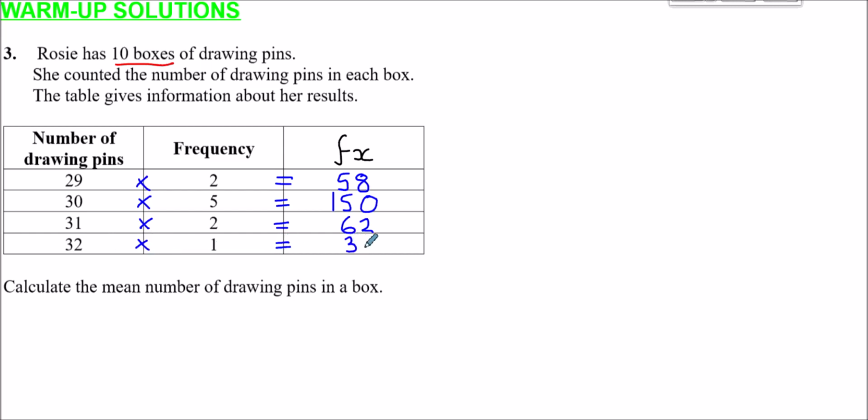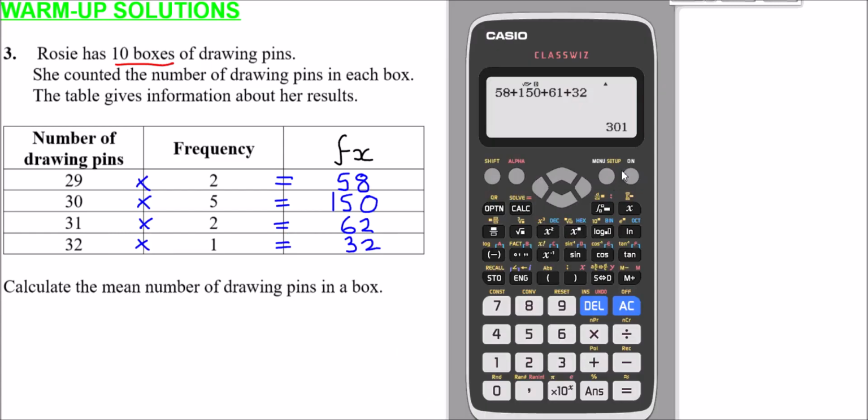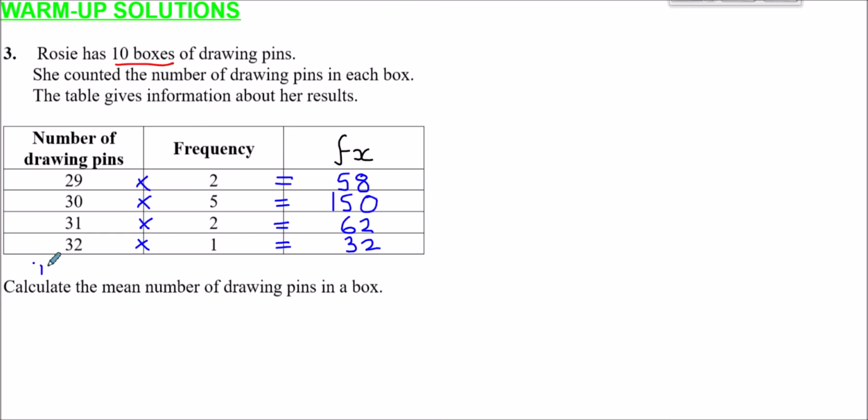Now with our class words, we need to add all these values up together. So 58 plus 150 plus 62 plus 32 gives us 302. At this point, we just do a totals column for frequency and fx.